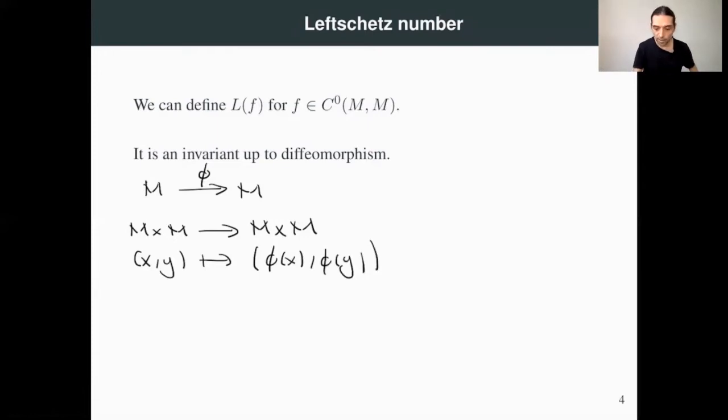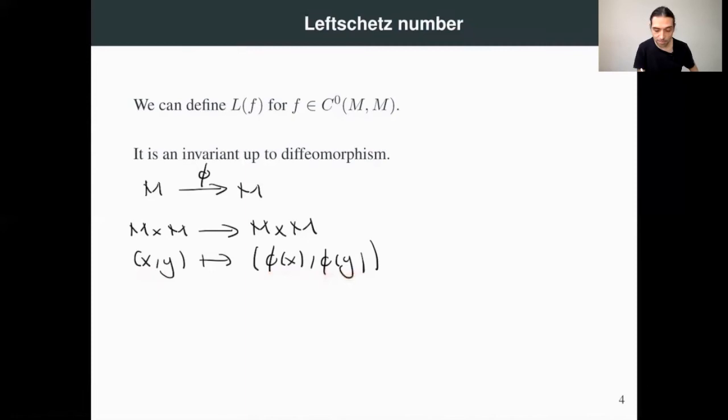When we consider the restriction to the diagonal, this map preserves the orientation that we defined on the diagonal. Because in the diagonal x is equal to y, if phi preserves orientation it's clear, and if phi reverses orientation here, it also does so here.